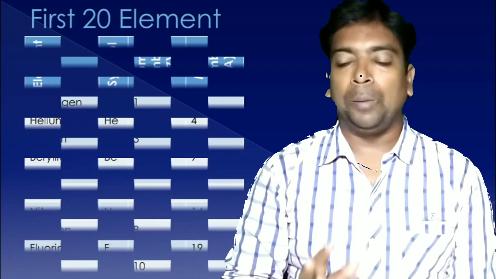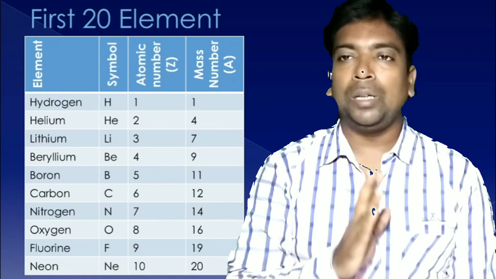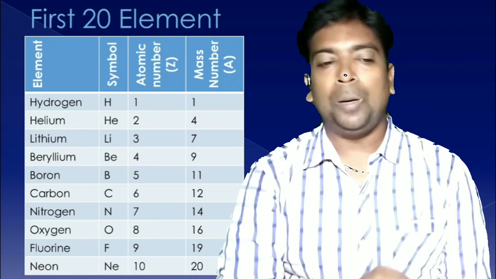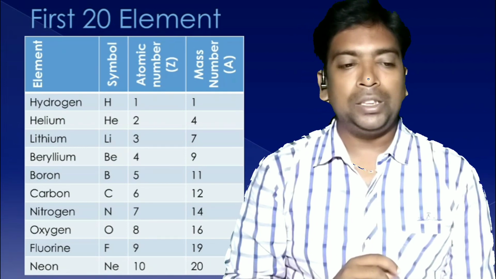Here we are going to see the atomic number and mass number of the first 20 elements, atomic number 1 to 20. Children, I will show you a table, and in this table you can find the mass number. The first table is of the first 10 elements.